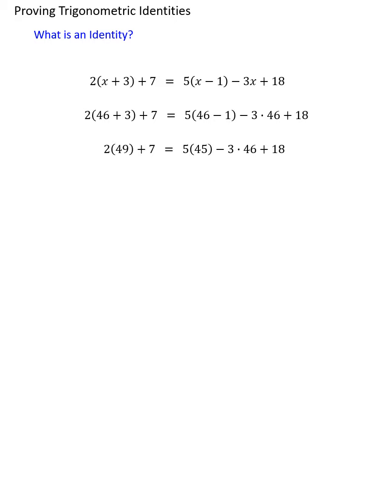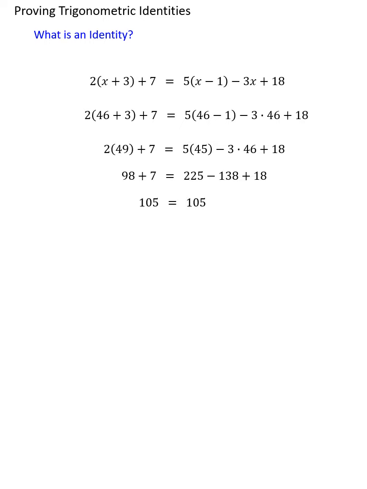And if you use the order of operations, you will in fact find out that both the left and the right side are the same. Feel free to pause and check the algebra. The point being, however, that there's nothing special about the number 46. If I had done this for any other number, both sides would have worked out to be the same.